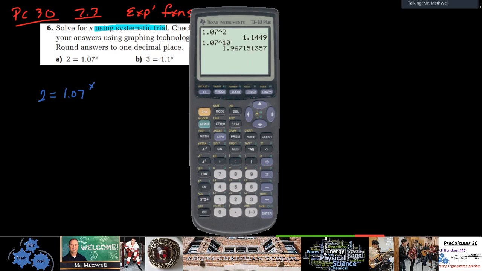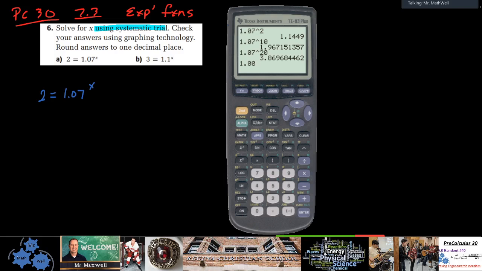So again, just using systematic trial, you might think 20 might be a little too high, but let's check it, to the power of 20. Oh, that's quite a bit high. So we're looking at 11, 12, 13, and you can even go, it says here, round answers to 1 decimal place.